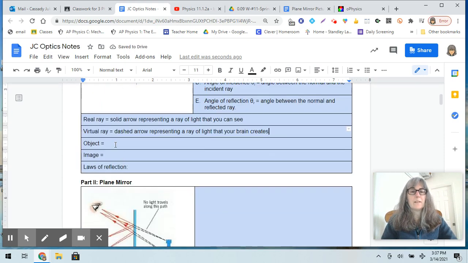The object is anything that is allowing light to be emitted that can be seen in a mirror.